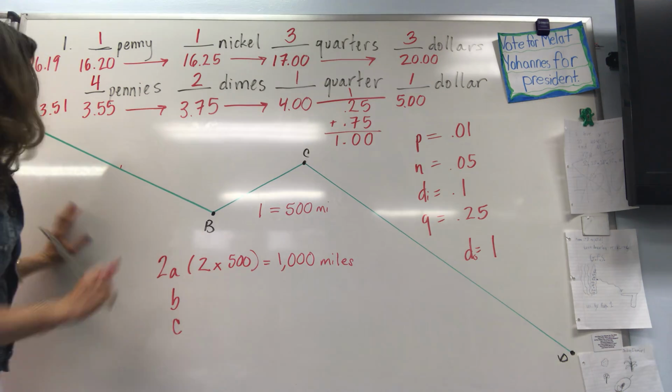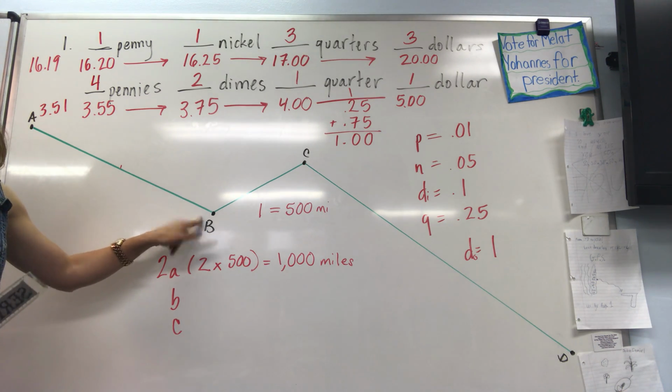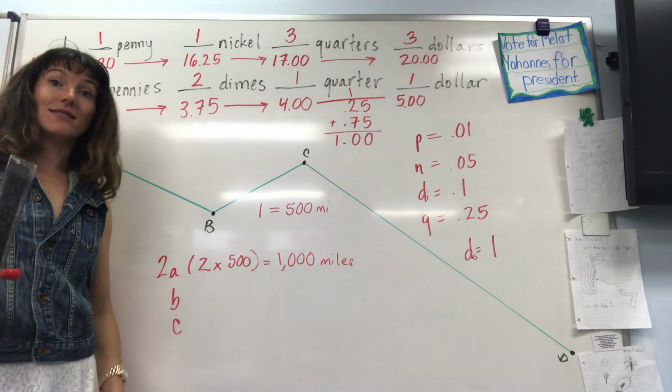Okay, so the answer between point A and point B is 1,000 miles.